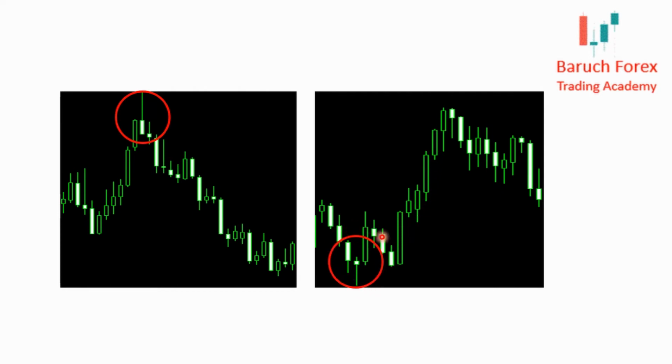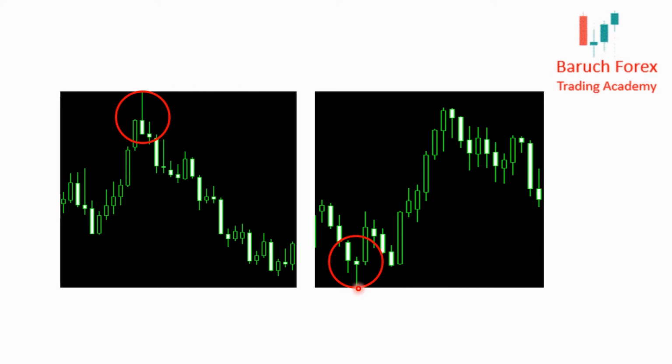If you look at the candle in the circle, this is a pin bar, because the market opens here, then it goes all the way down and pushes back up.